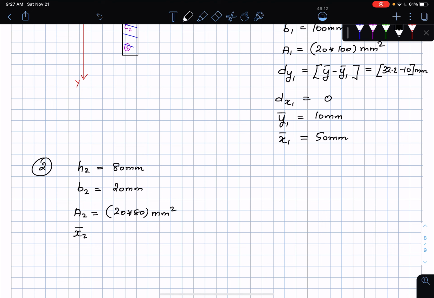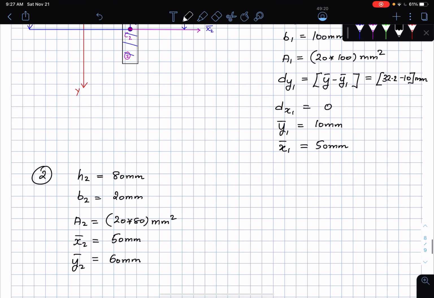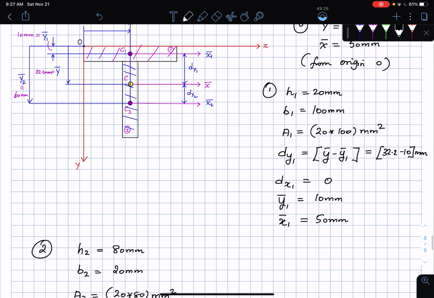Then x2 bar is the same as x1 bar is the same as x bar, so that's 50 millimeters. y2 bar is 60 millimeters, as you will be able to see very clearly. Then I'm going to have dy2. Look at this, dy2 is the distance between x bar and x2 bar, which means that's the distance between y2 bar and y bar, as you can see.